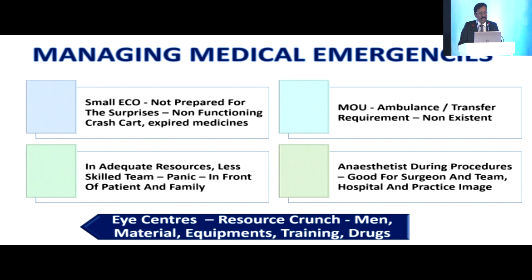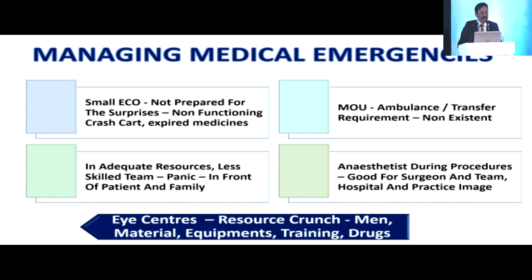Many of us run small eye centers, and this is my assessment of over 150 eye hospitals. We feel that the centers are not well prepared for the risk, particularly the medical risk. If there is a crash cart, it is non-functioning, they might have a few expired medicines, and no MOU with an ambulance, so there is no transfer mechanism for the patients.